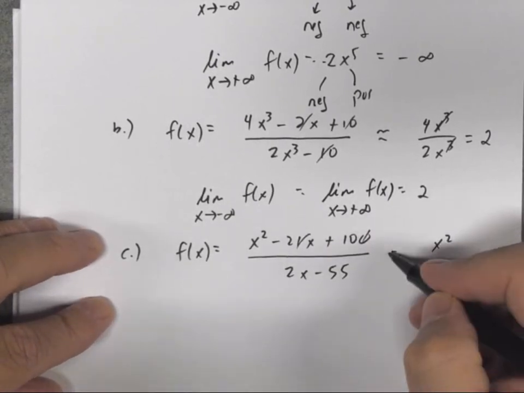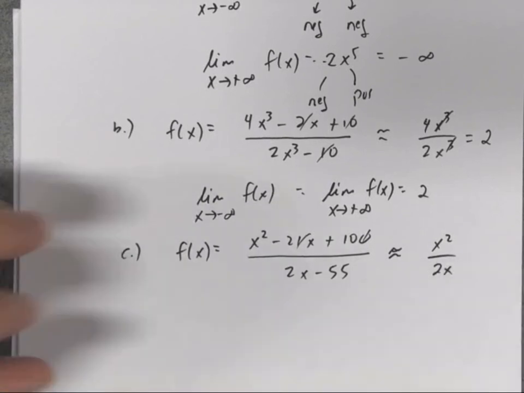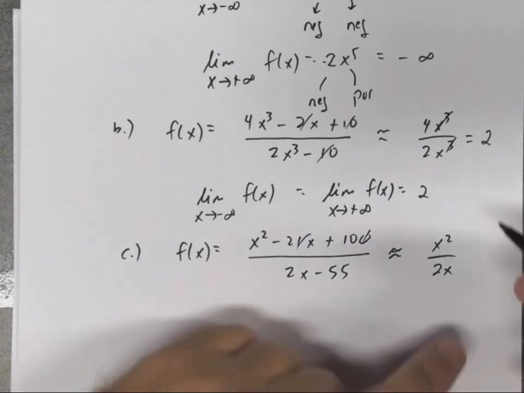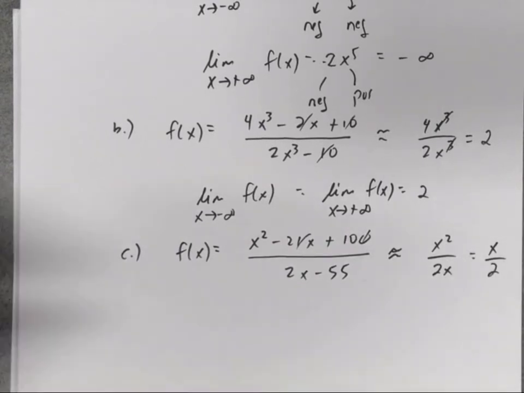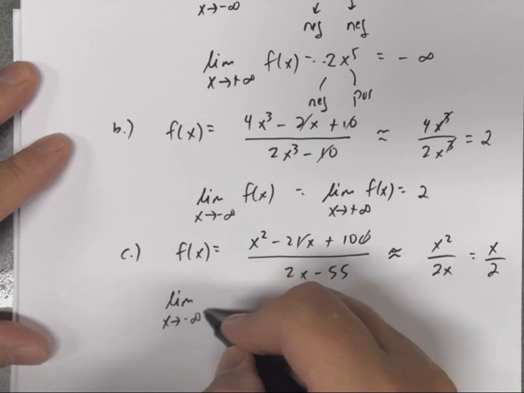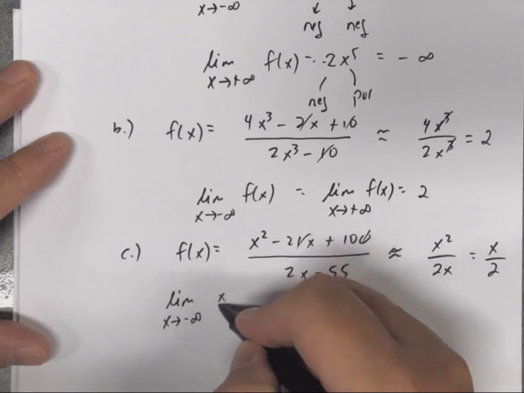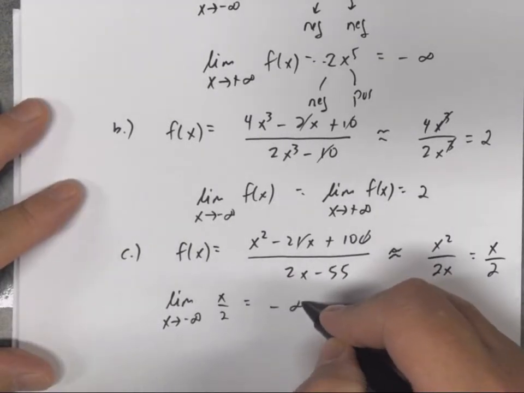We have x squared on the top, approximately, and on the bottom, 2x. Now here, we can also do some canceling and end up with x over 2. Now, hopefully you can see the limit as x approaches negative infinity of x over 2 is obviously going to be negative infinity.